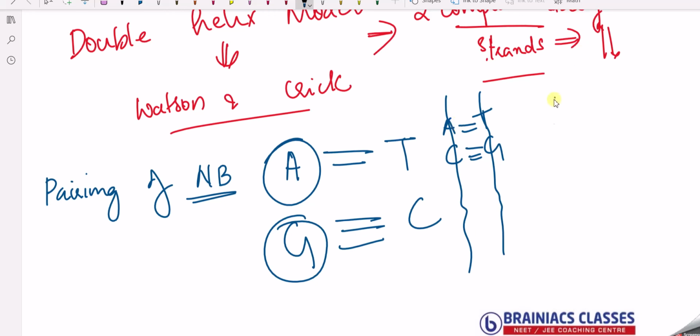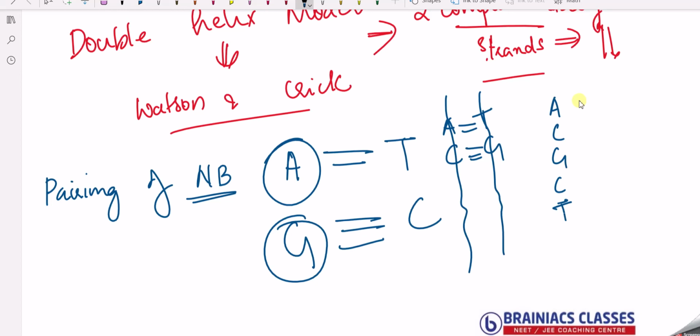If I write the sequence of nitrogenous bases in one strand, can I guess the nitrogenous bases in the opposite strand? Yes, that is called complementary pairing.